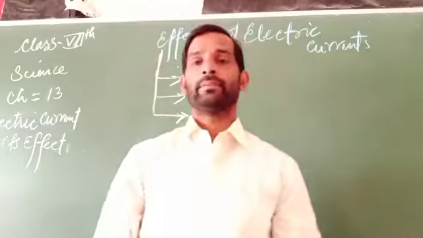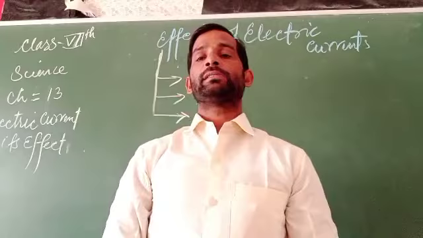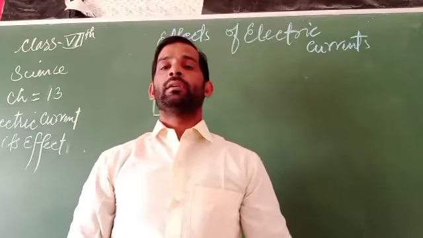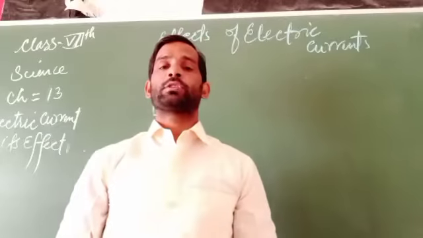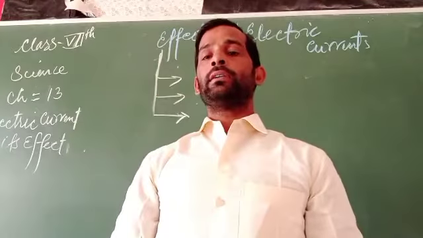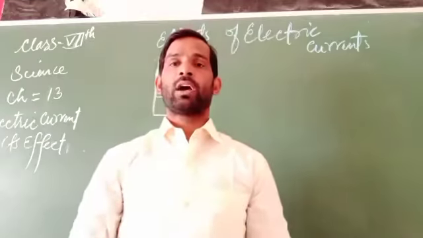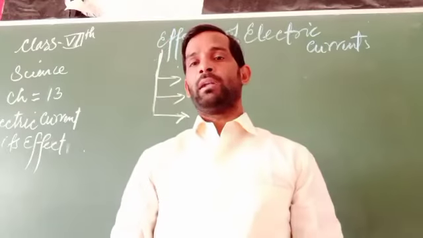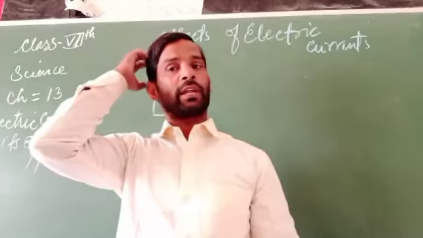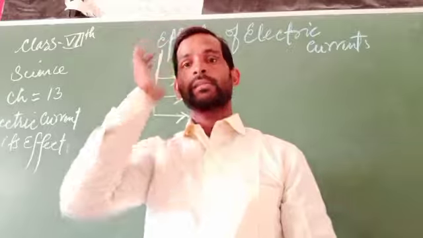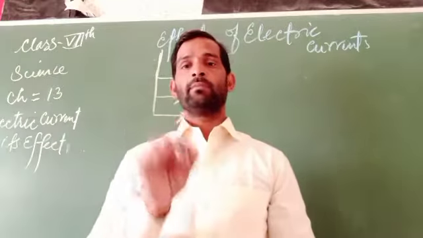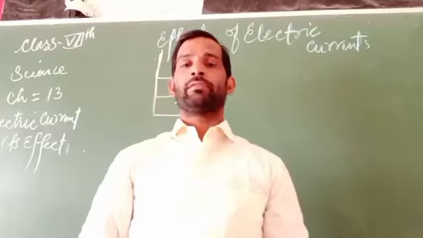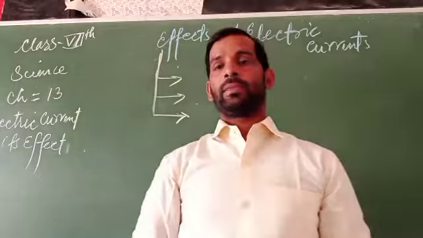There are different appliances and equipment which work on the basis of the heating effect of an electric current. The most common and simple example is the electric bulb. Why?